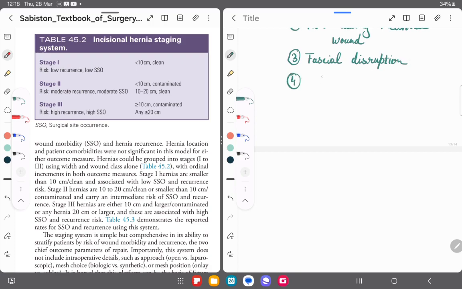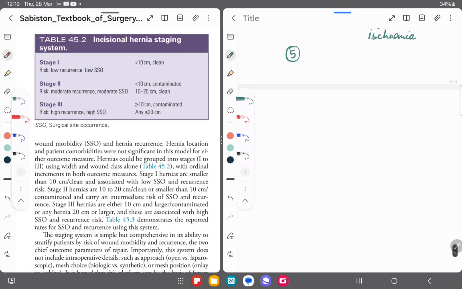Number four is skin or soft tissue ischemia. Number five is skin or soft tissue necrosis.